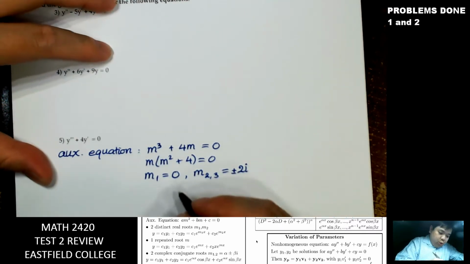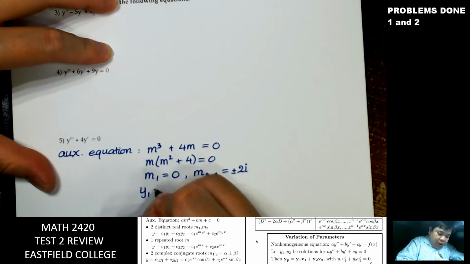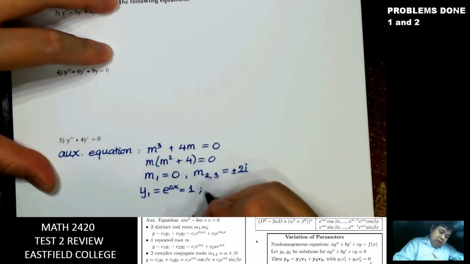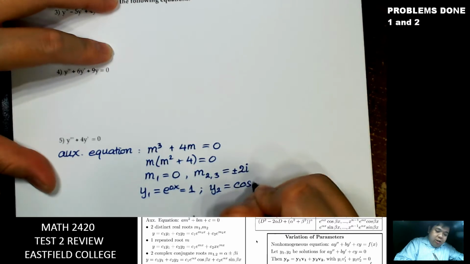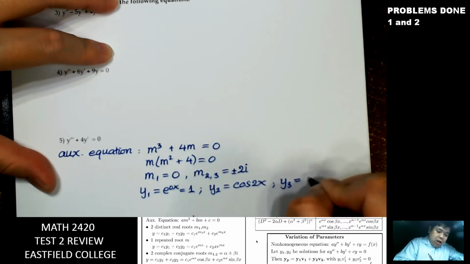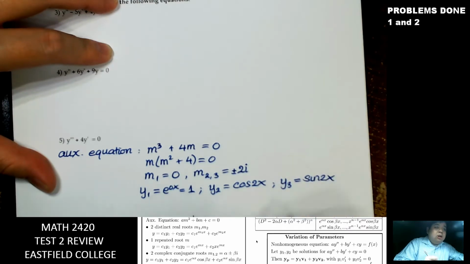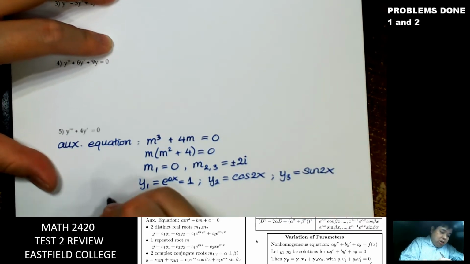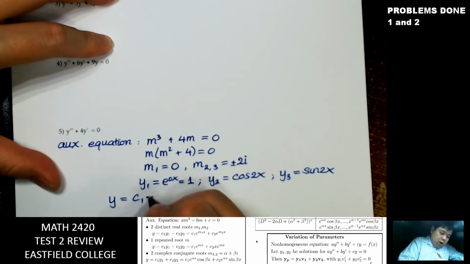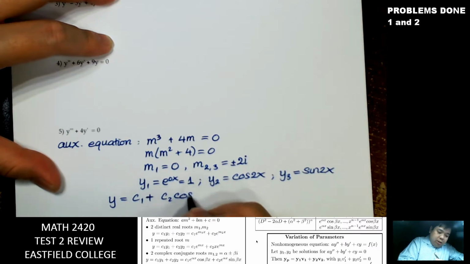So the solution will be y1 is e to the 0x, which is just 1. y2 will be cosine of 2x. y3 is sine 2x. So we just have the linear combination of these functions: C1, and C2 cosine 2x.